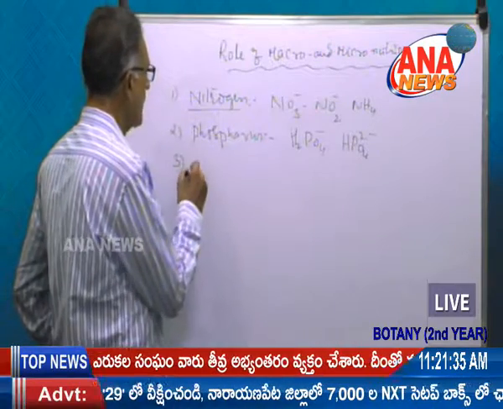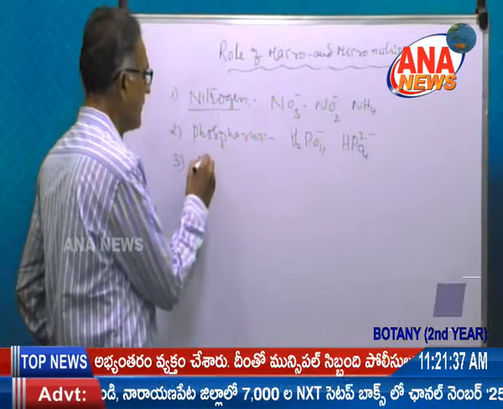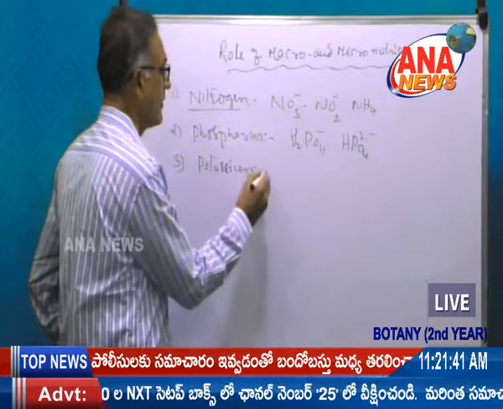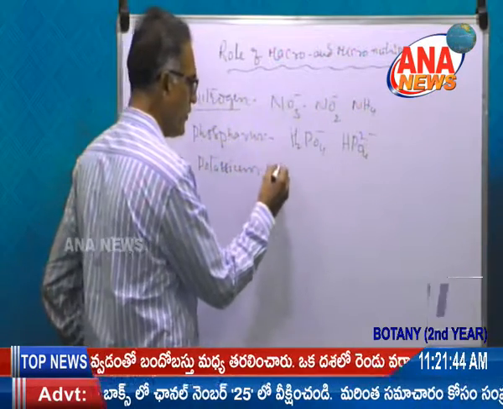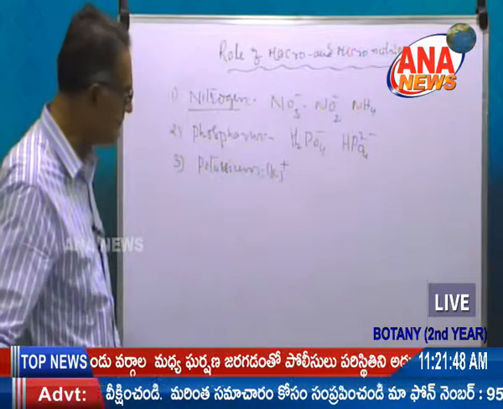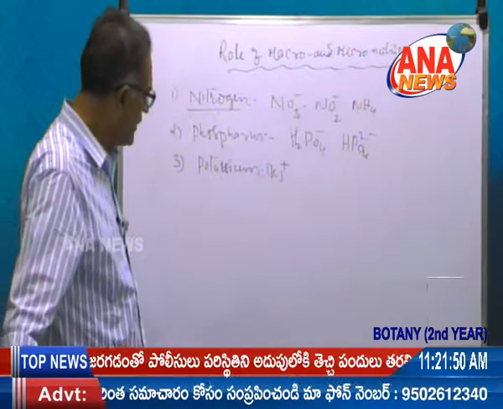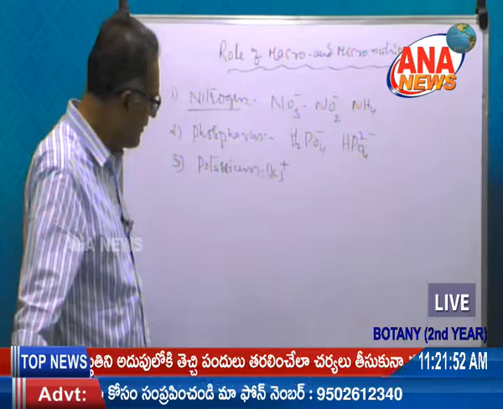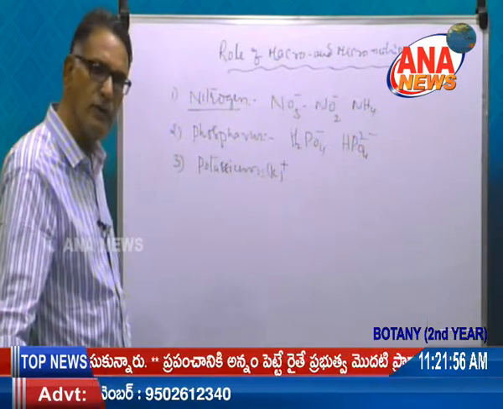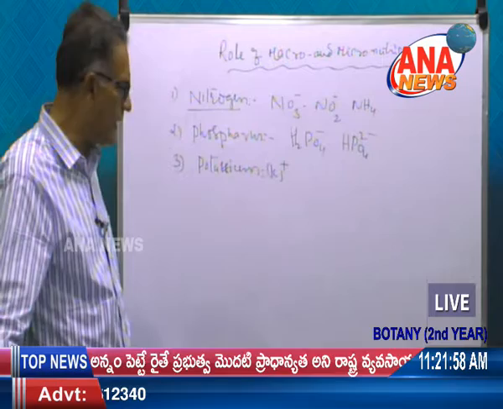Then potassium, obtained in the form of potassium ions. It is a major constituent in the leaves, buds, flowers, and root tip.